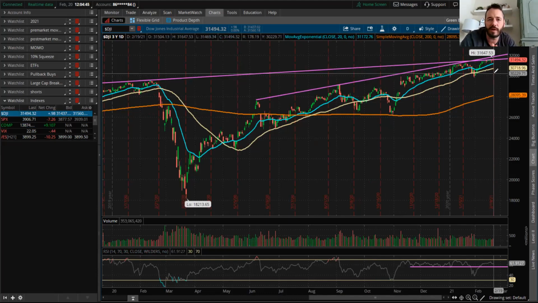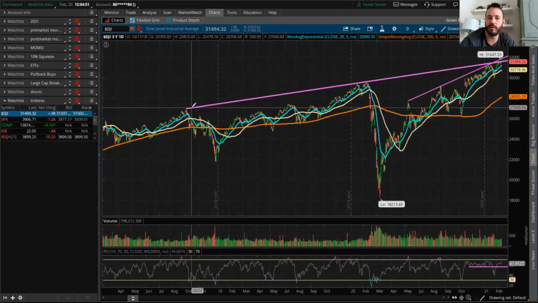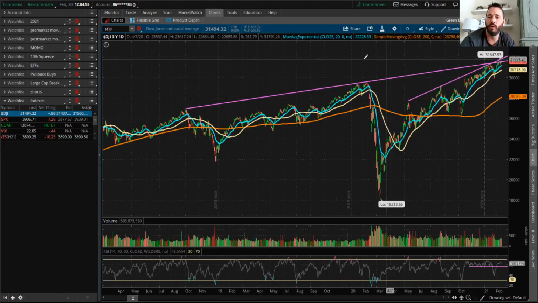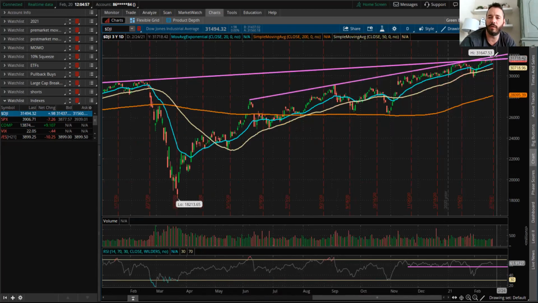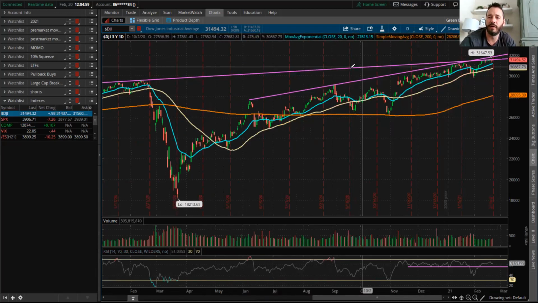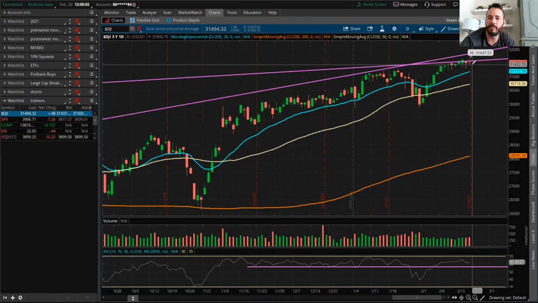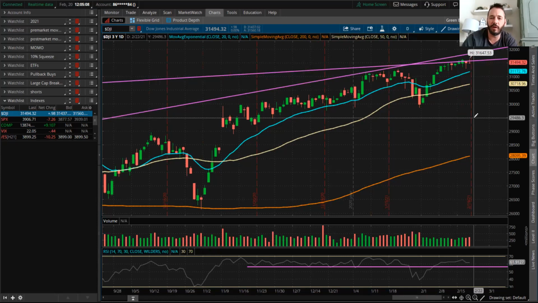These don't always have to happen, but based on previous tops with this long-term trend, it would suggest that we are entering that spot here where we may eventually hit and then come back a little bit. That doesn't mean it has to happen, but it is what it is.